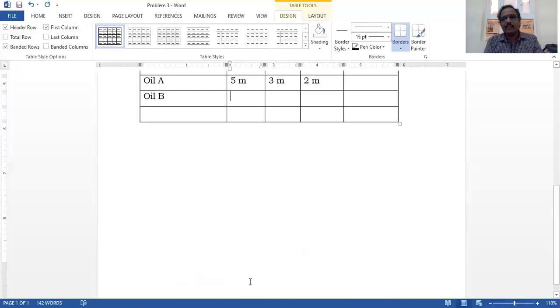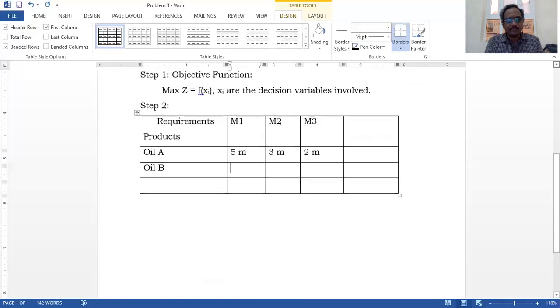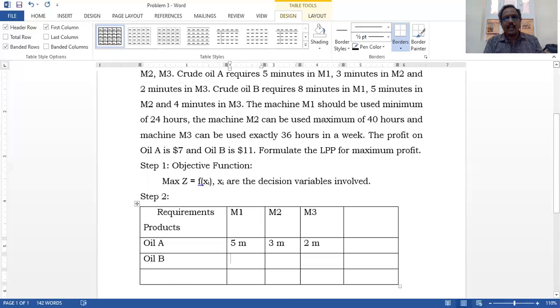In the same way, they have defined oil B, which requires 8 minutes in M1, 5 minutes in M2, and 4 minutes in M3. This is the resource requirement. They have defined the availability also. What have they defined about the availability? They have defined machine M1 should be used minimum of 24 hours.